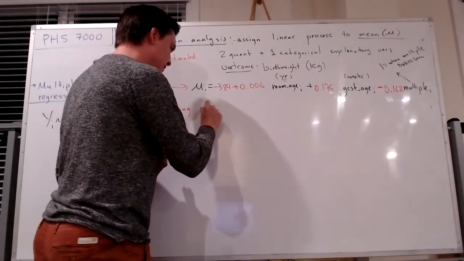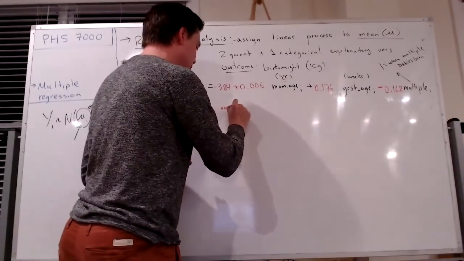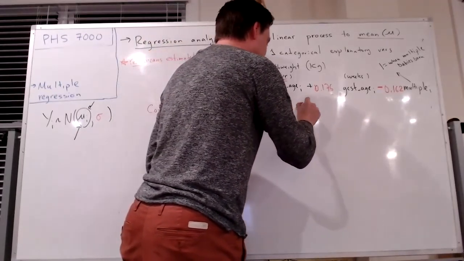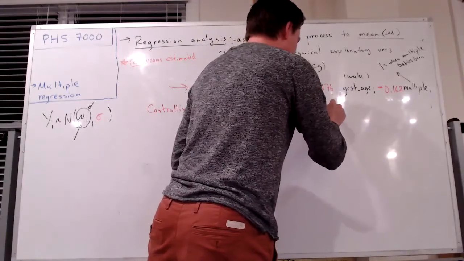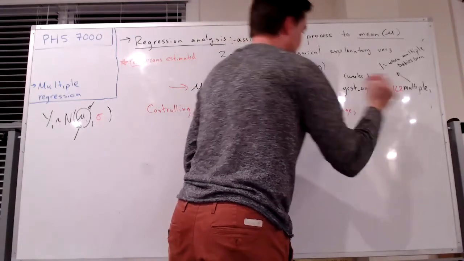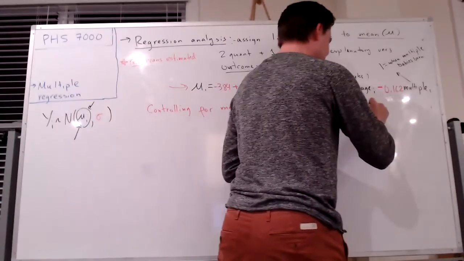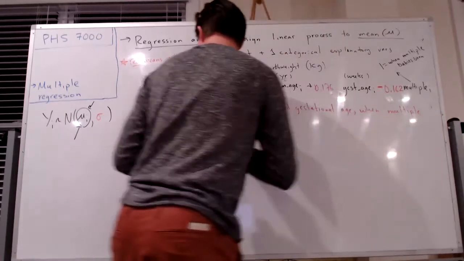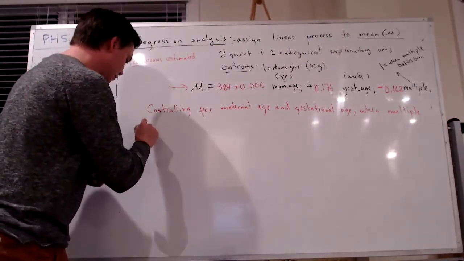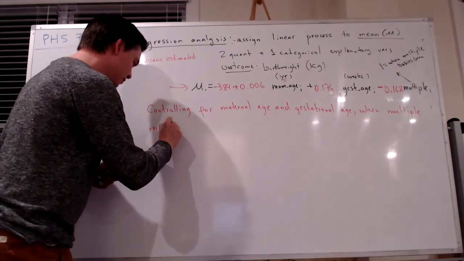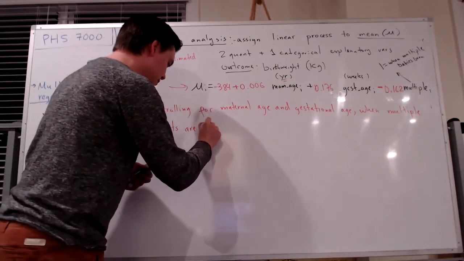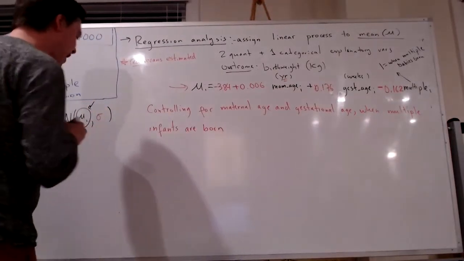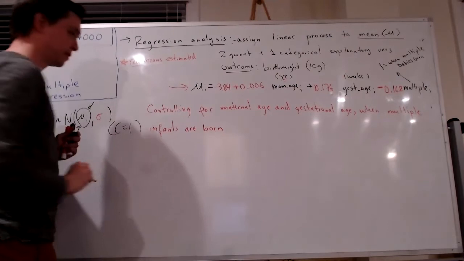Controlling for maternal age and gestational age, when multiple babies are born, infants, so when I say when multiple babies are born, I'm doing the categorical variable is equal to 1, right?